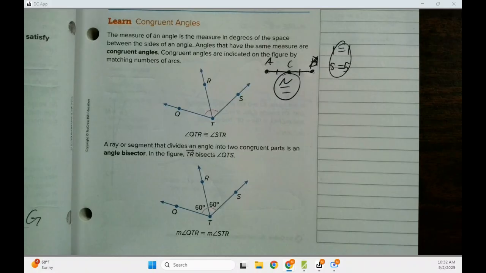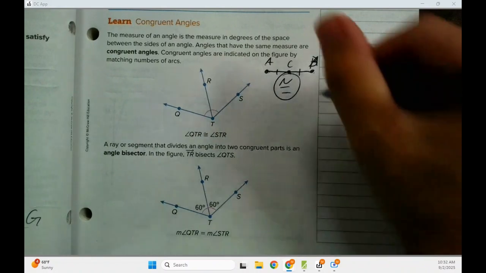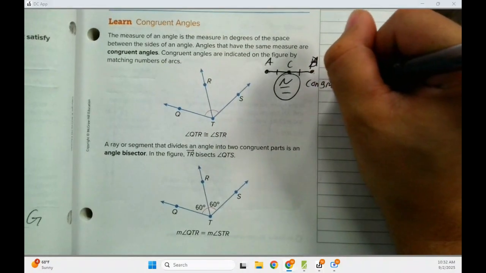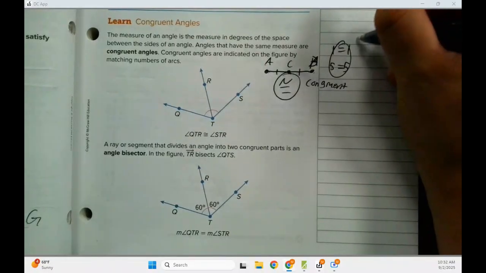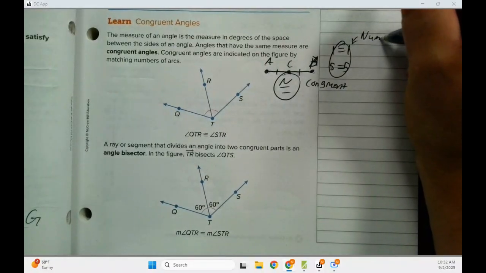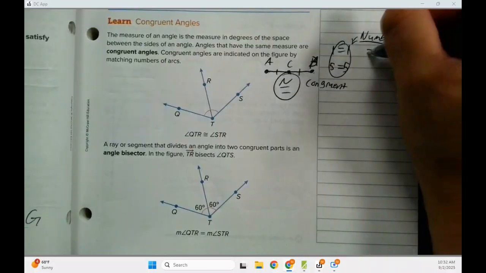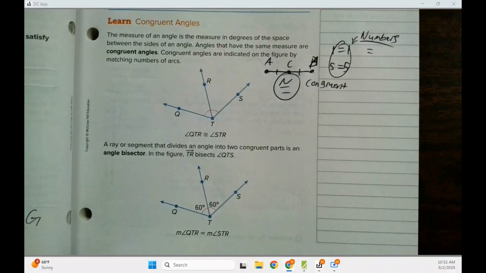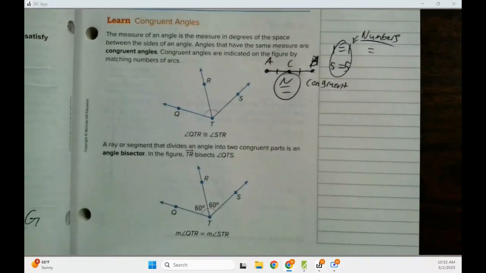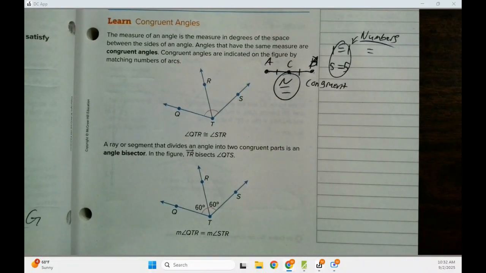No, they're not. But do they have the same length? Yes. So when we're talking about shapes, we use congruent. When we're talking about numbers, we use equals. That distinction becomes important because when we look here, we notice something.